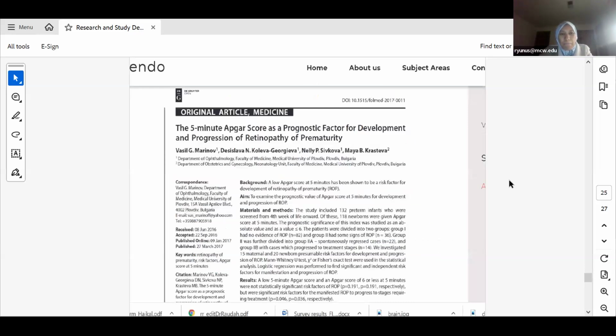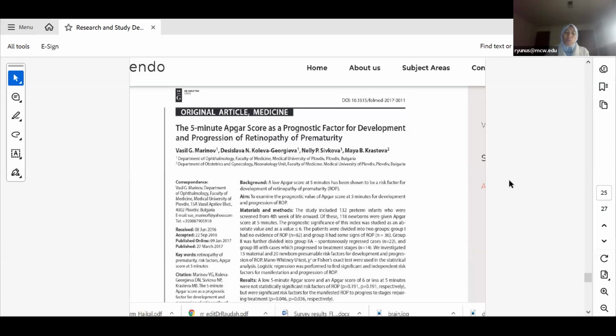If you look at this article, I'm sure many of you are familiar with the Apgar score. You learn this in pediatrics. This is an example of a prognostic study. What the researchers here are trying to do is examine the prognostic value of the Apgar score at 5 minutes for the development and progression of ROP, retinopathy of prematurity.